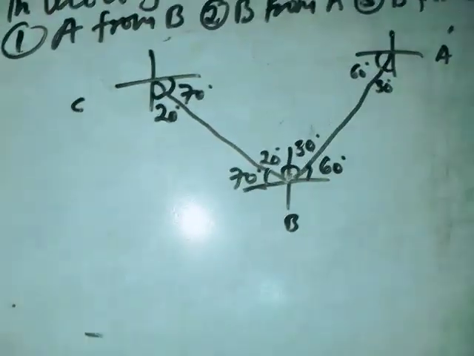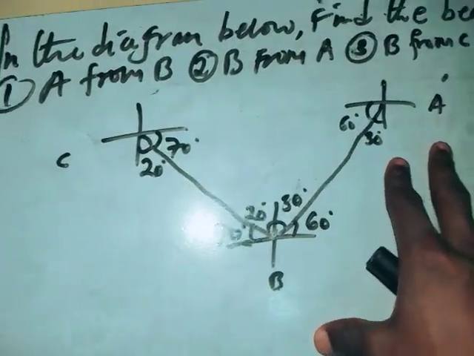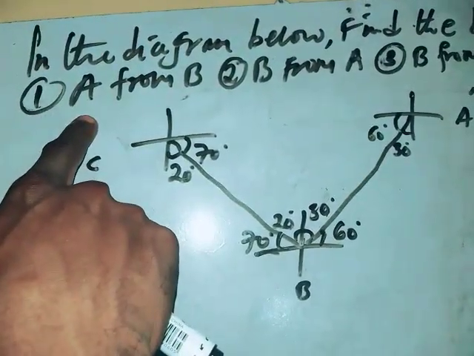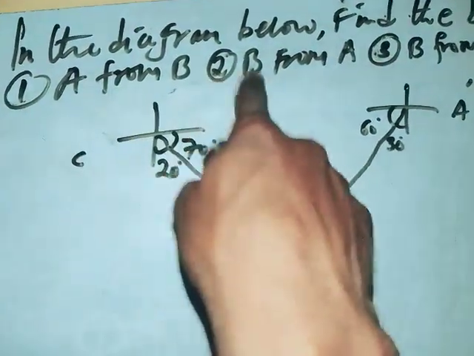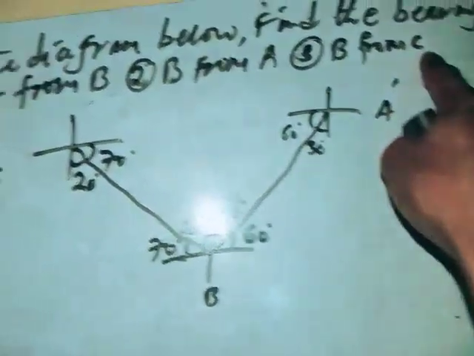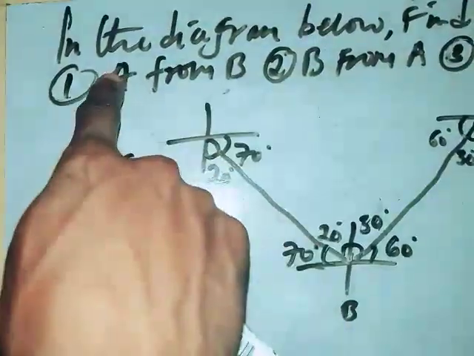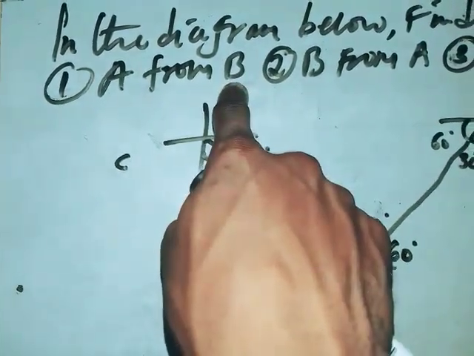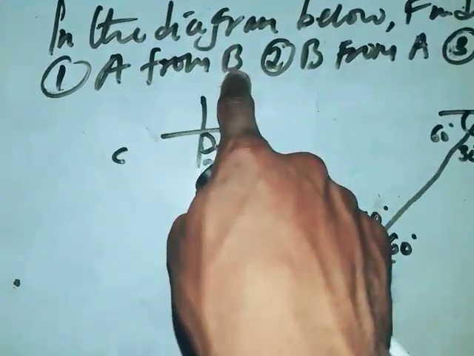So we have this question before us, and we are asked to find the bearings of A from B, the bearings of B from A, and the bearings of B from C. To find the bearings of A from B, it is B that we are going to find our bearings from.